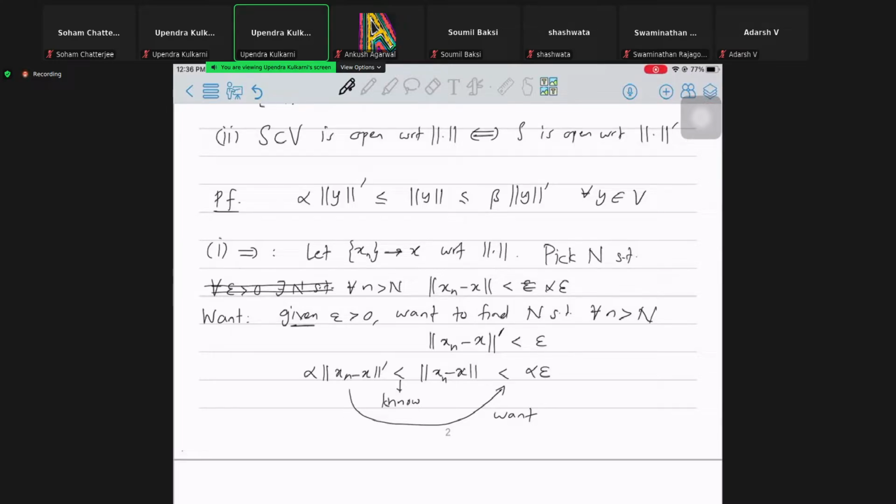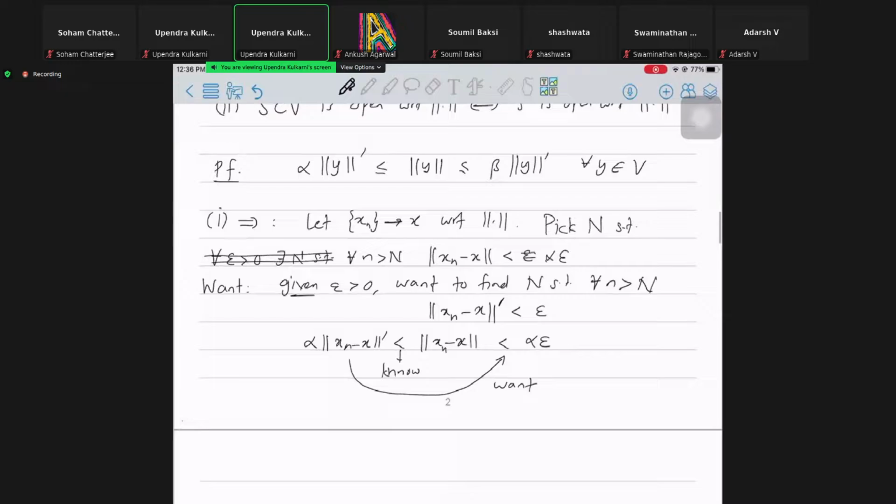So this is not written in a linear fashion because I worked my way backwards. So really speaking, what should I do? The sentence, the pick whatever, that sentence should come after whatever I have written.